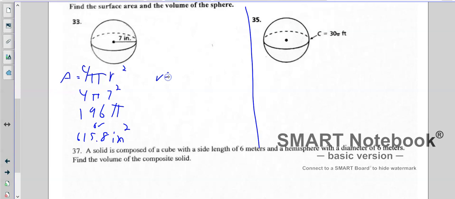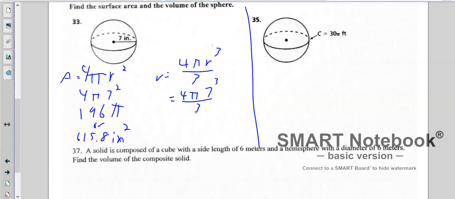Now, volume of a sphere is 4 pi r cubed divided by 3. So very similar, 4 pi r squared, 4 pi r cubed divided by 3, which we've divided by 3 on a lot of the other formulas. So it's kind of a compilation of different formulas. So 4 pi 7 cubed this time divided by 3.